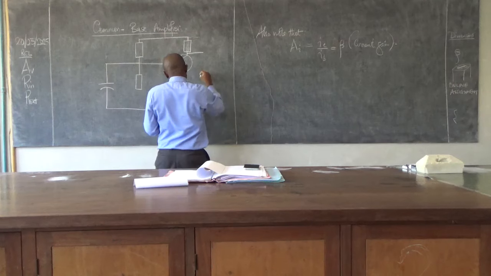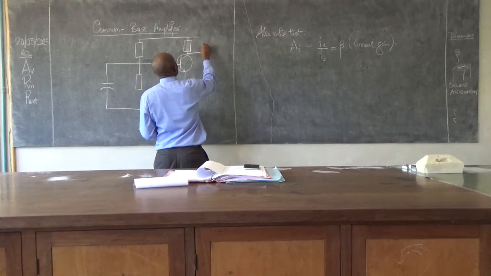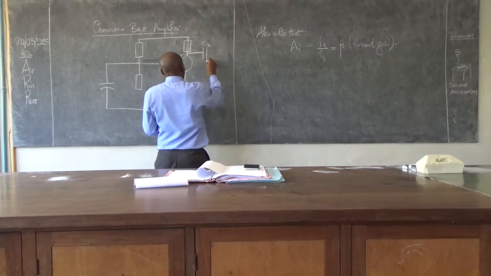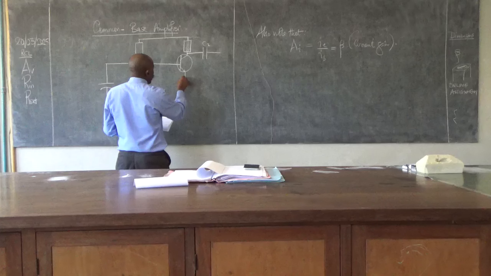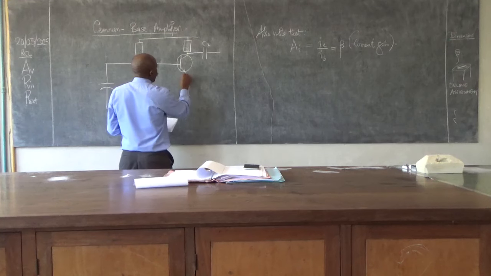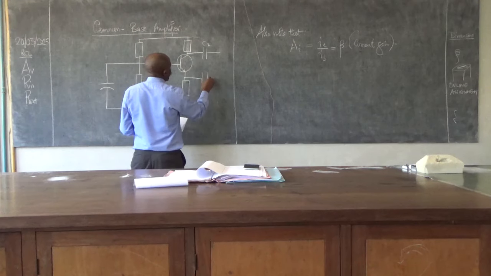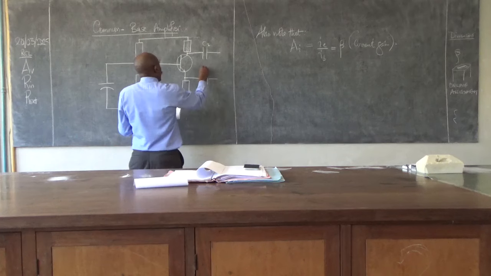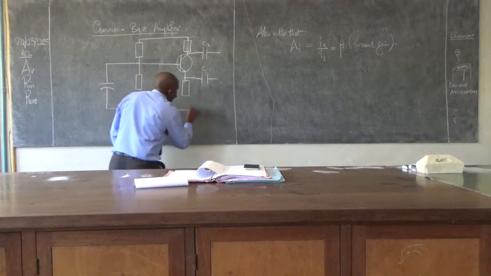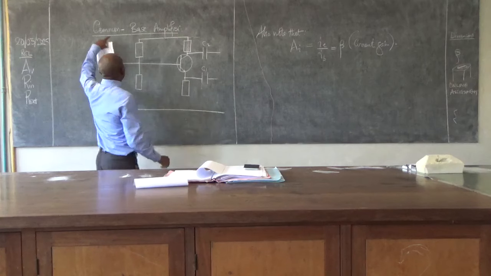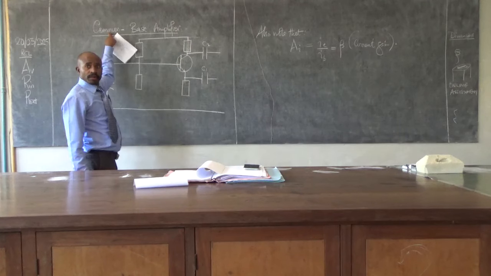So we have a capacitor here, C2, and then a capacitor here, C1. Then our common. This common here is like the ground.